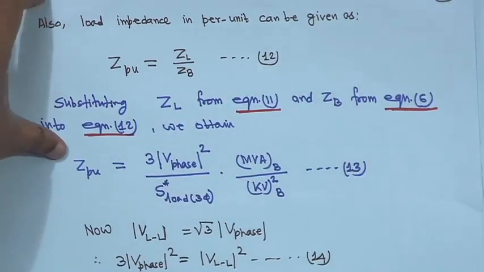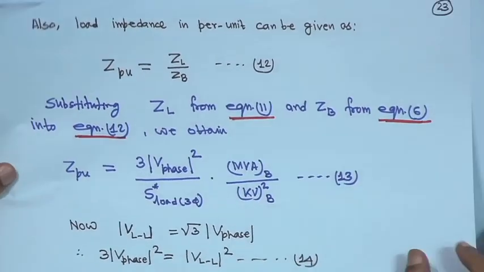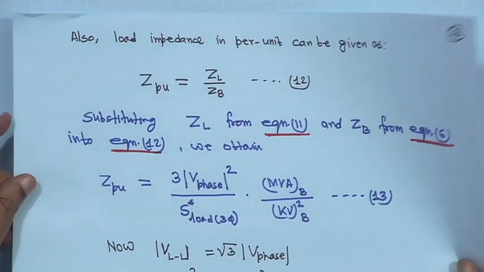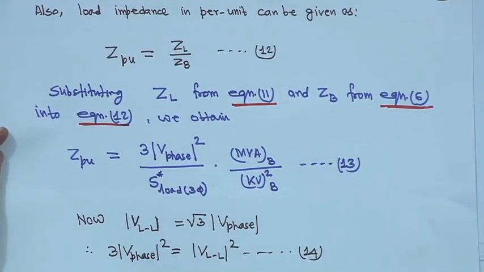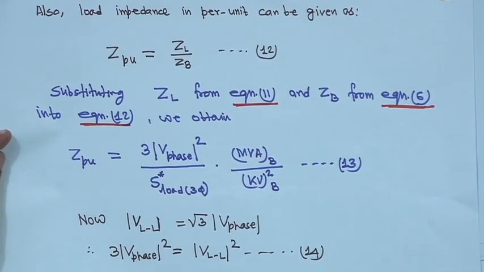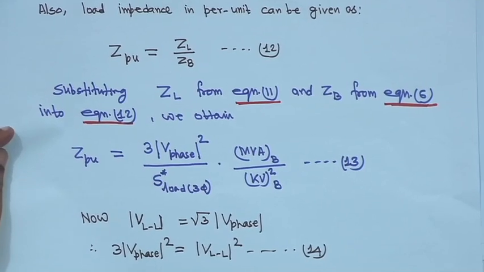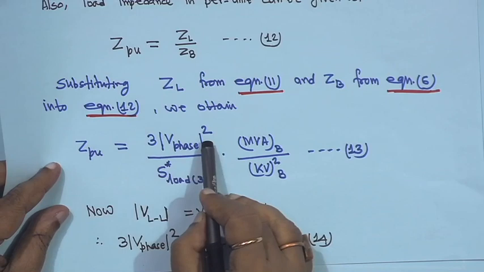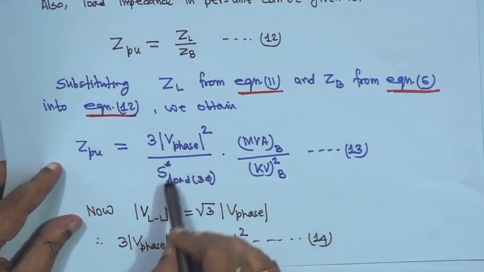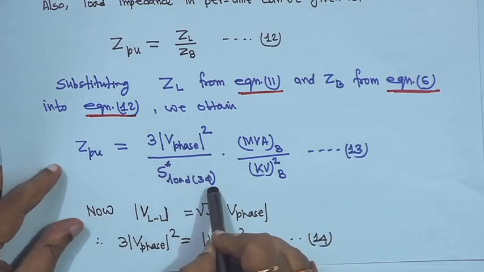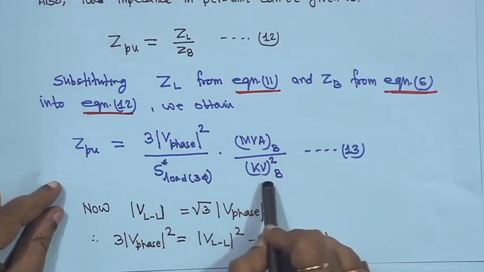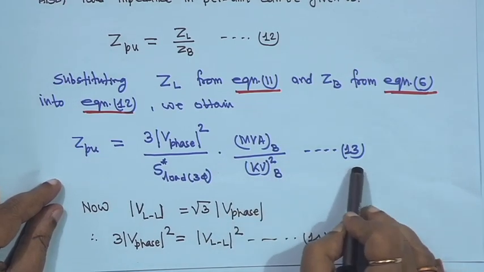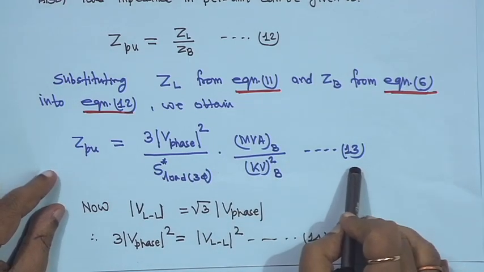If you do so, it will become ZPU is equal to 3 into magnitude V phase square divided by S conjugate load 3 phase into MVA base upon kV square base. This is equation 13.